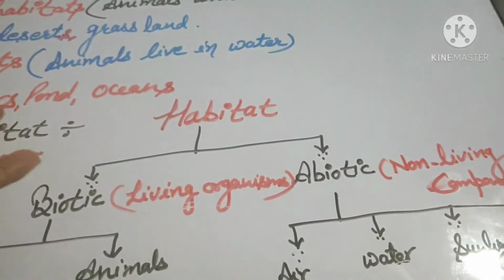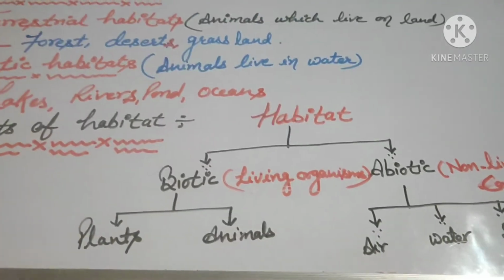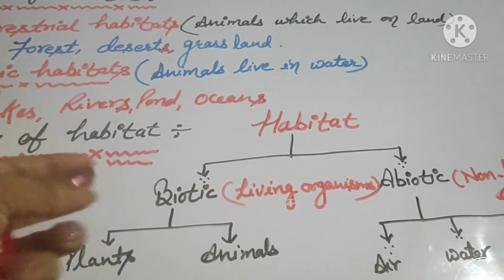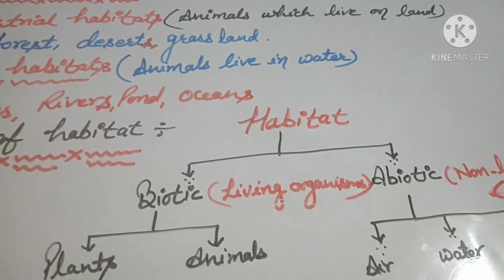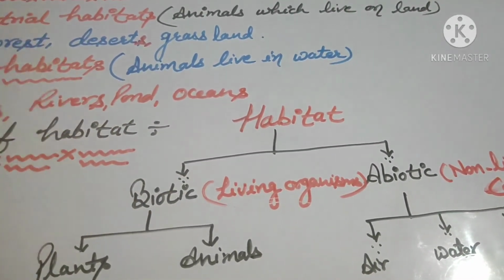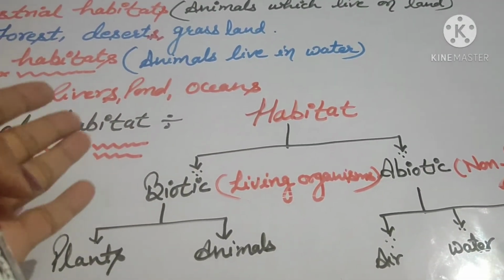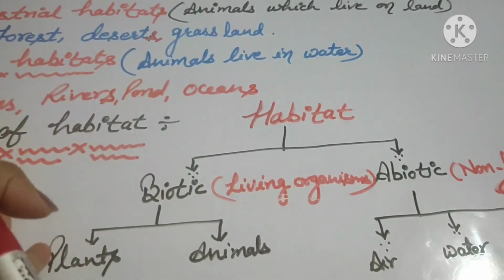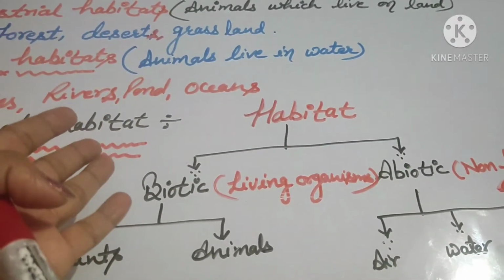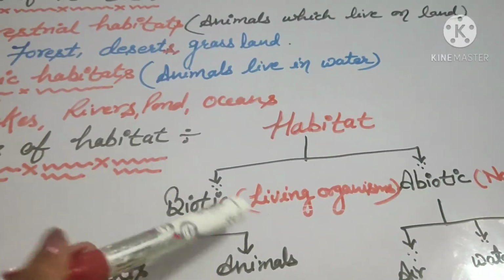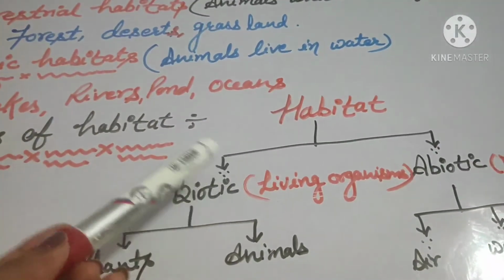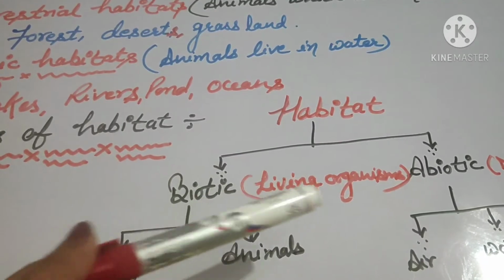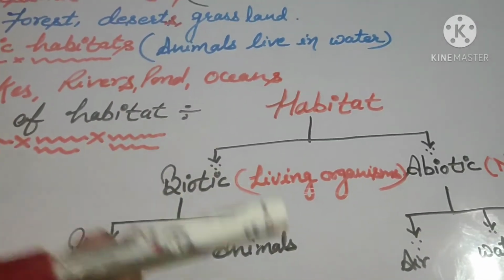All are non-living components. Now, whenever we talk about any habitat, for example, a forest, you see there a large variety of living organisms. Living organisms means biotic components. Biotic components means plants and animals.